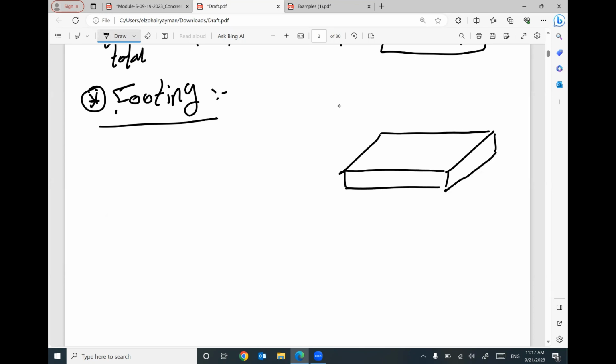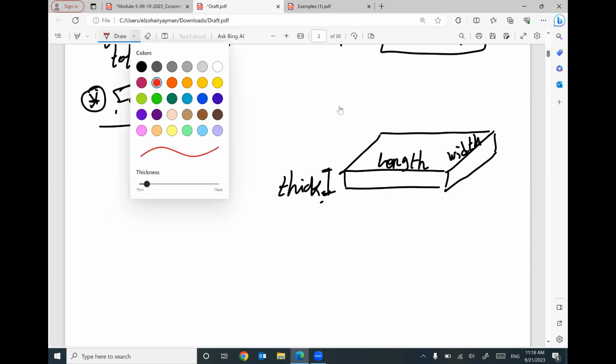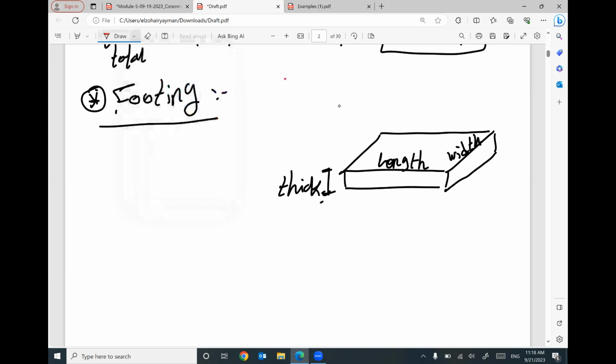This footing consists of length, width, and thickness. So if you would like to figure out the volume of this footing, we need to multiply the length by the width by the thickness.